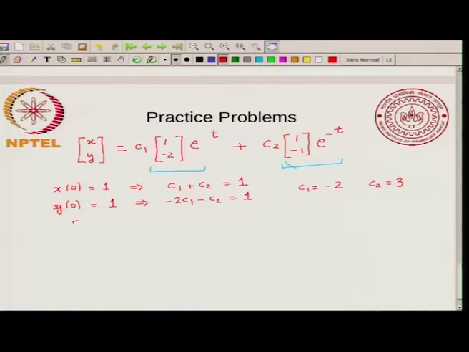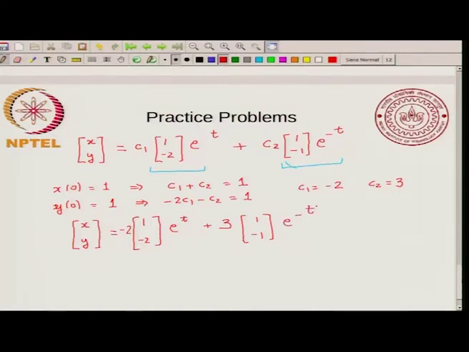I can write my solution in the following form: (x, y) is equal to minus 2 (1, -2) e raised to t, plus 3 (1, -1) e raised to minus t.